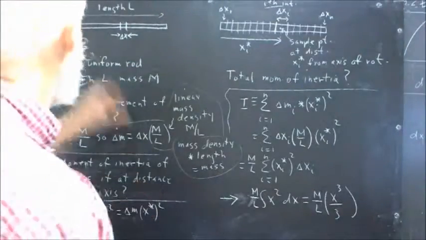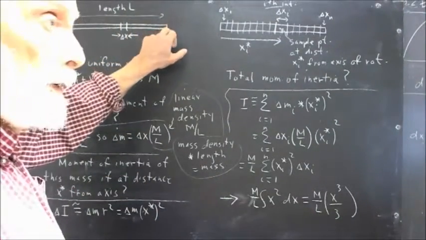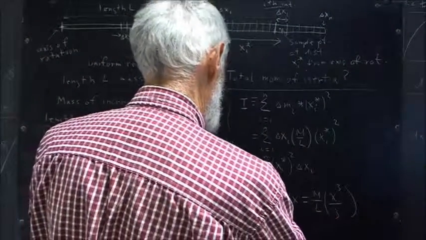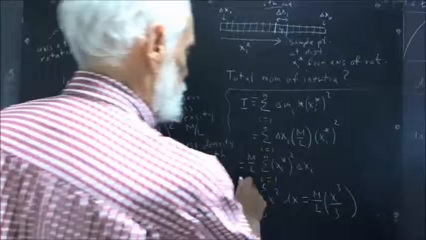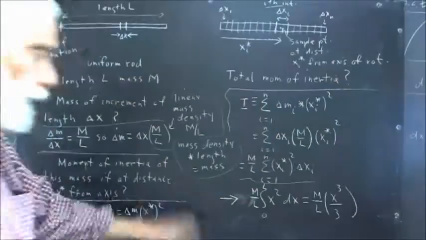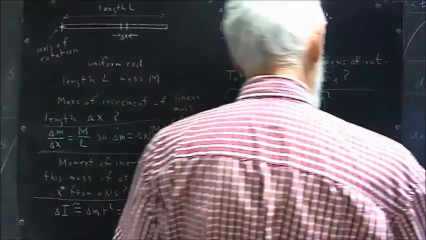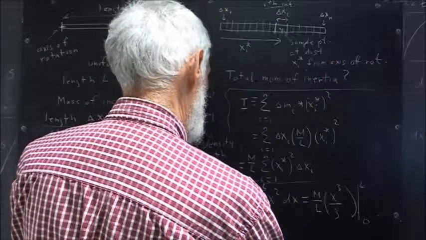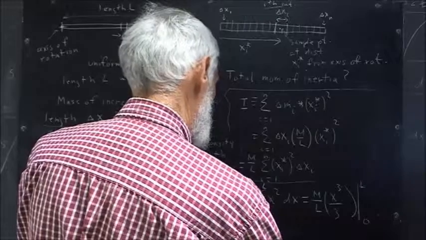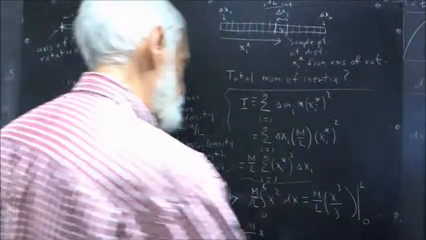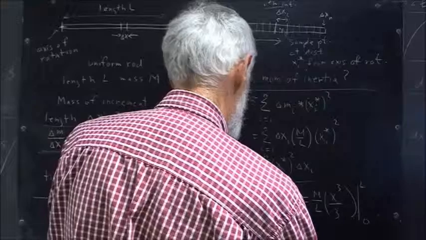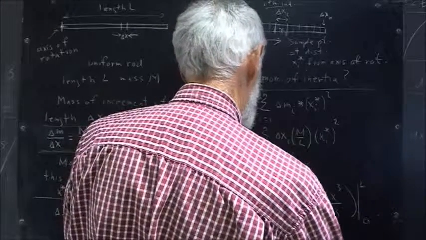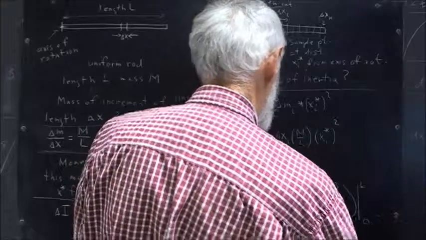And of course that integral goes from one end of the object, the rod, to the other, so that integral goes from 0 to L. I'm sorry, I crowded that a little bit, bad planning once more. So this is evaluated between L and 0. So what you get is m over L multiplied by L cubed over 3, which is 1/3 m L cubed.